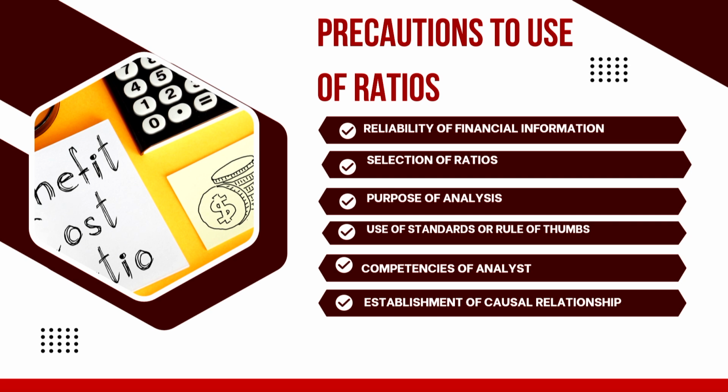Moving further, use of standards or rules of thumb. The users of financial ratios must be very cautious and adopt a cautionary approach when they are talking about rules of thumb. For example, one rule of thumb states with regard to current assets that if current assets are 2 times the current liabilities, we can assert that the short term financial status of a company is good.